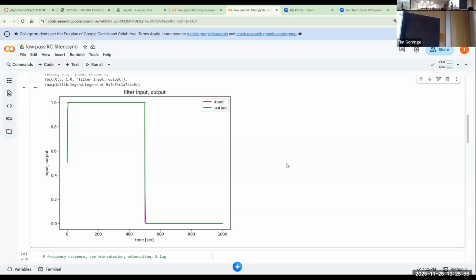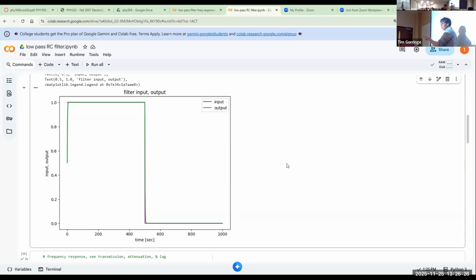So the magenta is literally the step function that was 1 and then drops to 0. That's the magenta. And then the green is the calculated output with the recursion relation. And the green basically overlays the magenta with the exception that there's a little extra time to reach 0.